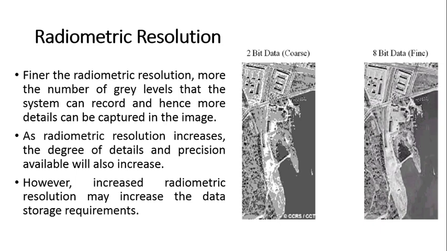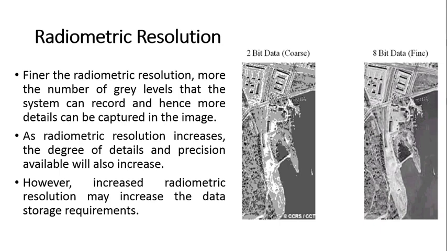Okay? From which there is a large difference in the level of details. Once again, even if the spatial resolution is the same, even if the spectral resolution is the same, if your radiometric resolution, the bits captured, is different, you can clearly see how the details in the image are different.